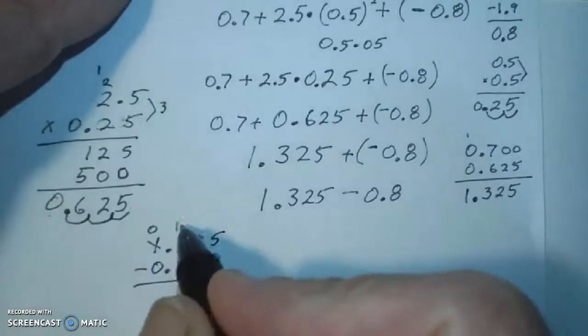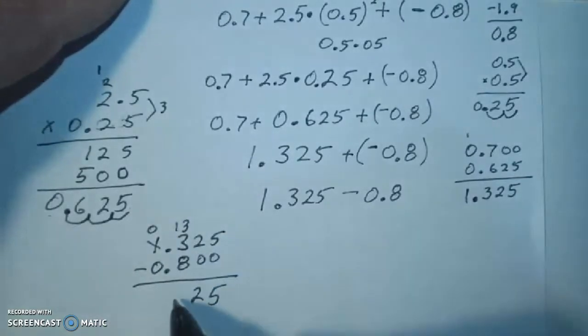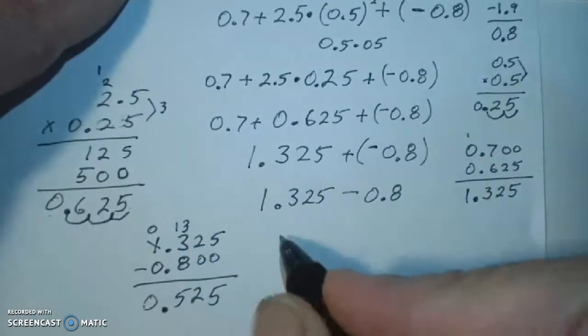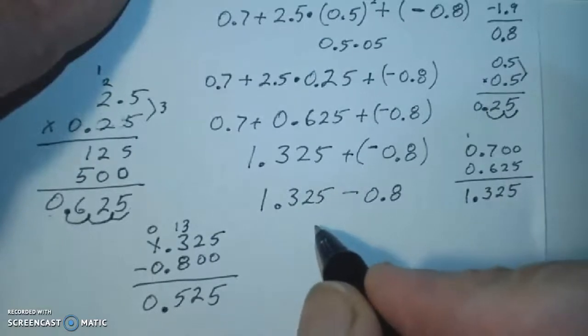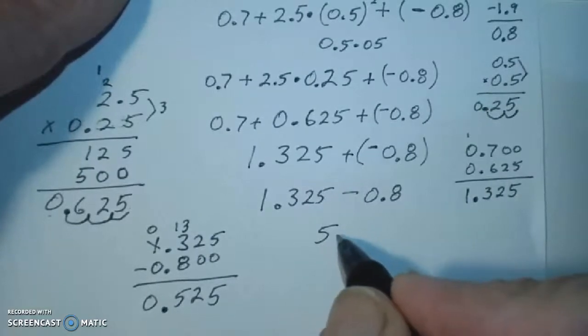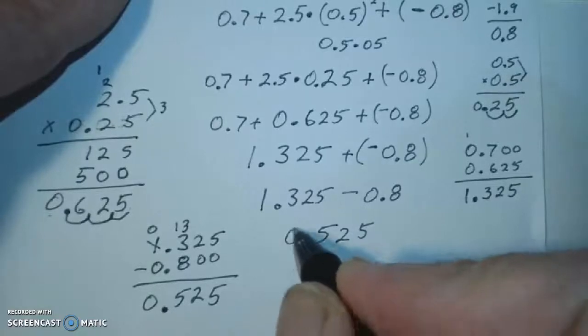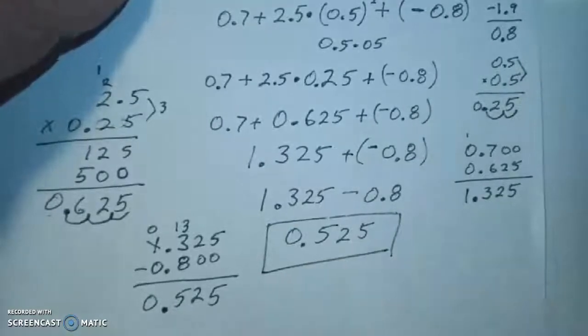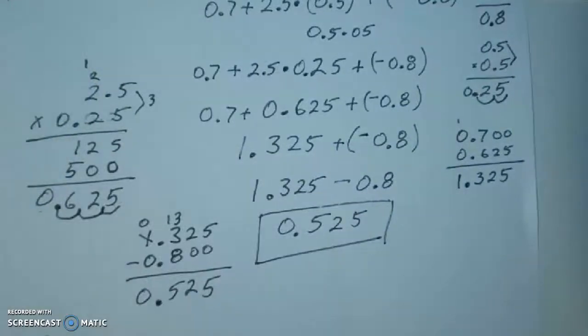This becomes a 0. This becomes 13. 8 from 13 is 5. The decimal point comes straight down. Nothing from nothing is 0. That is it. 525 thousandths. And the larger amount was positive, so our answer is a positive 525 thousandths.